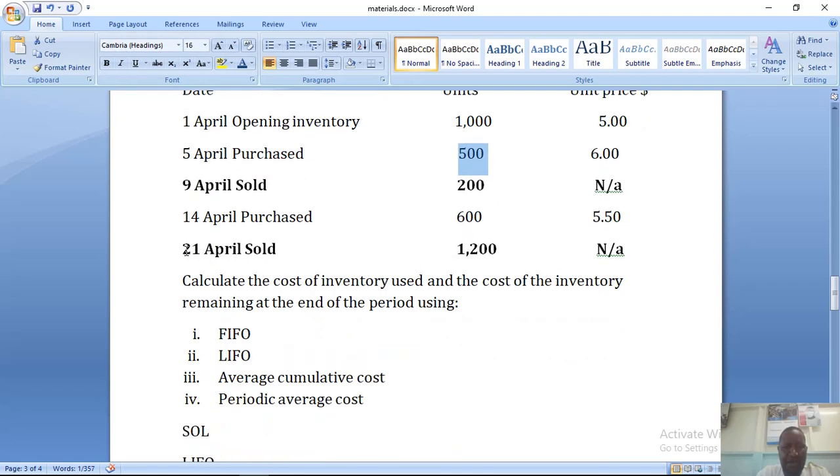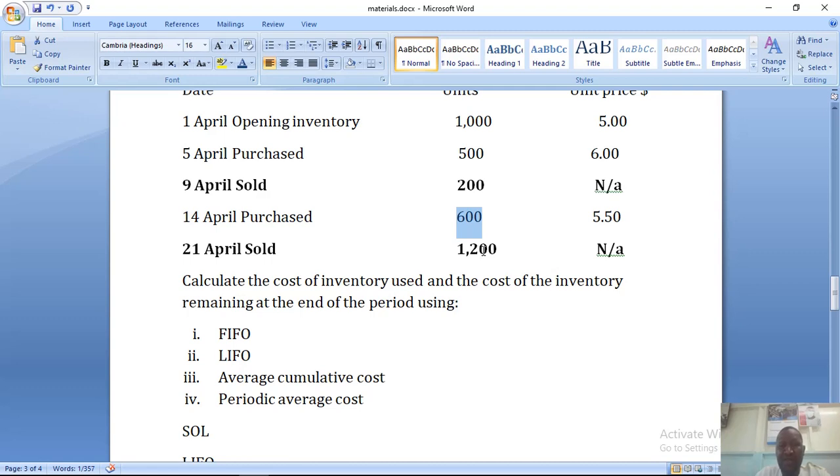The next issue is the 21st of April. We're issuing 1,200 units. These units, according to LIFO, last in, first out, will come from the latest consignment received. The latest consignment received is 600, so 600 must be issued first. But if you are issuing 1,200 units and you issue 600, there will be a balance of 600 remaining.